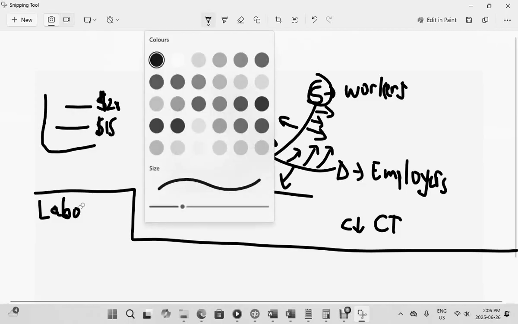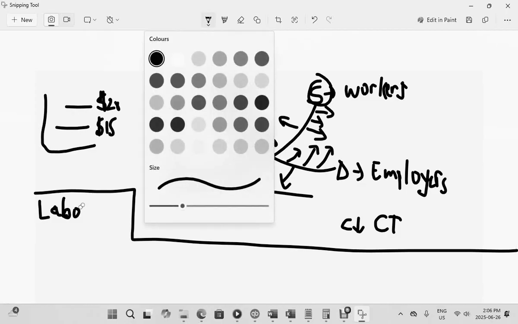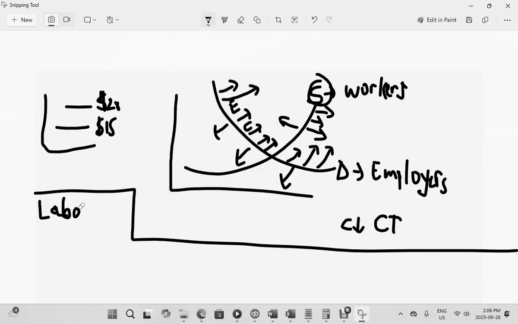They bargain your rights and your wages in the labor market. These are people you join to make sure that you get the wages that you're willing to work for in the labor market.